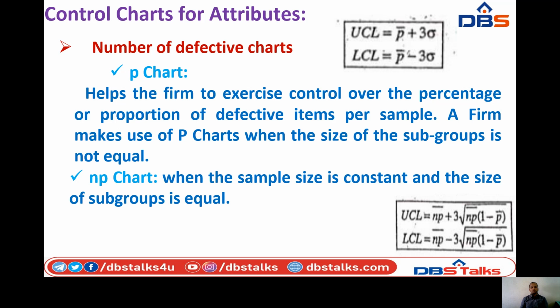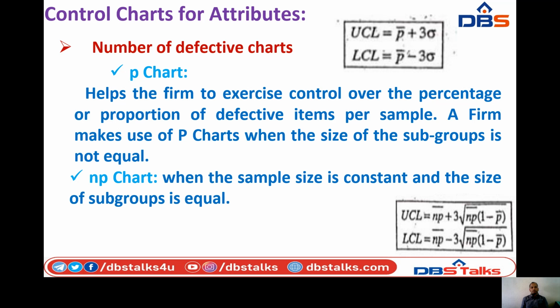These charts are also known as control charts for fraction non-conforming. A firm makes use of P charts when the size of subgroups is not equal. So if the subgroups are not equal, we go for the P chart.